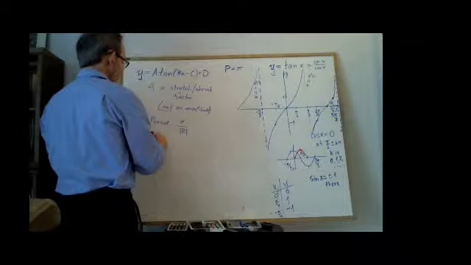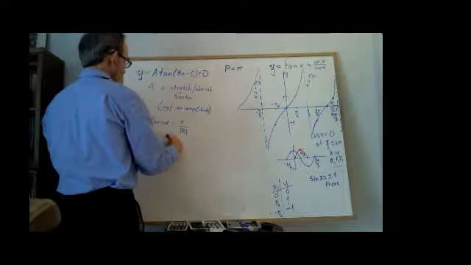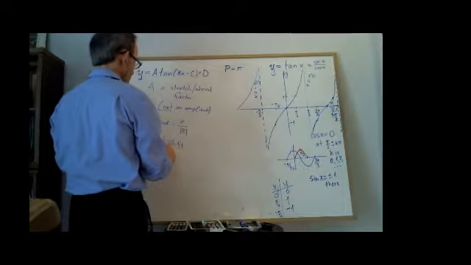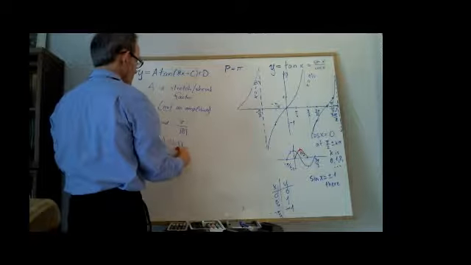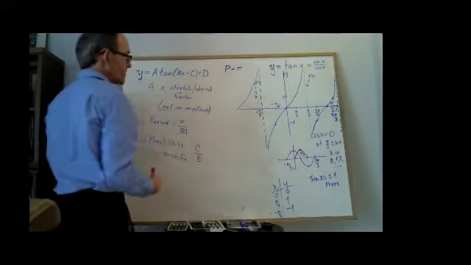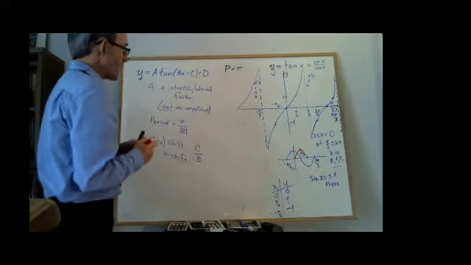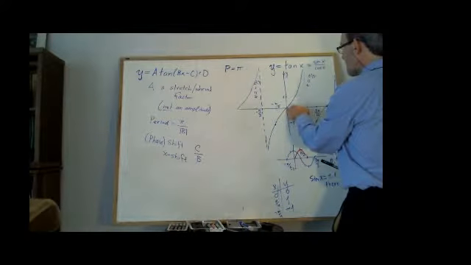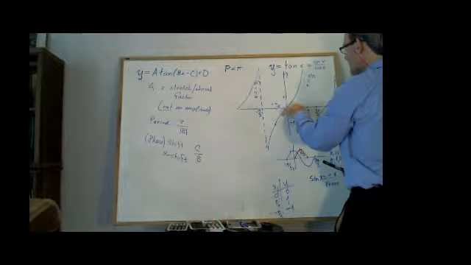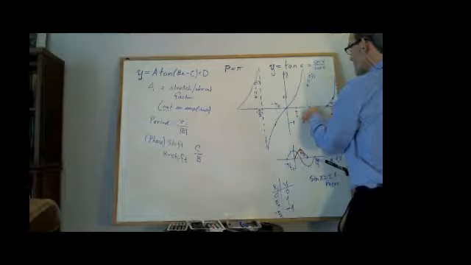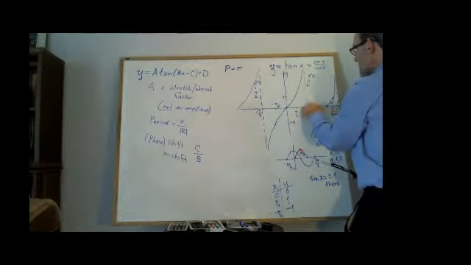The book calls it a phase shift, but I might prefer to call it a shift in x, or an x shift, which is C over B. Okay, so that would be just where, for example, instead of the function starting at 0, at x equals 0, instead of the y value being 0 here, it might start being 0 when x is 3 pi over 8 or something, let's say.